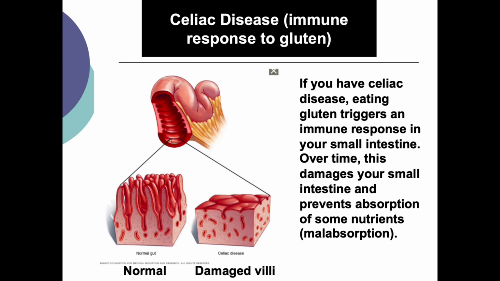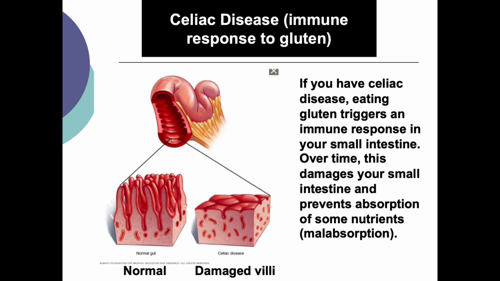Another disease that we can see in the intestines is celiac disease. Celiac disease is when you have an allergy to gluten. And this is not a sensitivity to gluten, but an actual allergy to gluten.